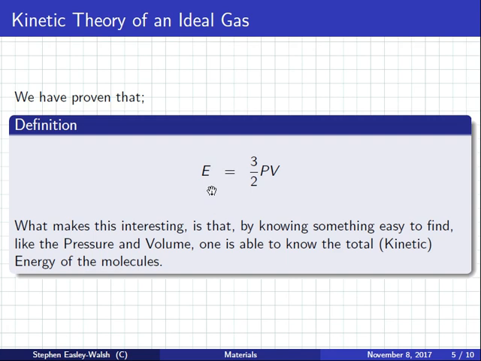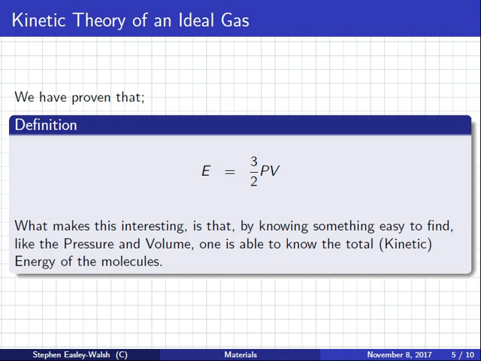Well, I've never tried it, but I would imagine trying to measure the mass and speed of every molecule in this room would be hard. Wouldn't it? Wouldn't it be difficult to measure the speed and mass of every molecule in this air?